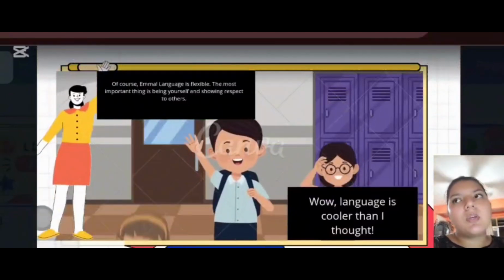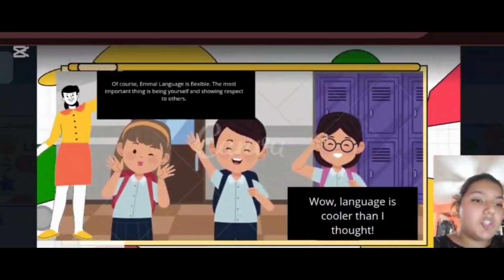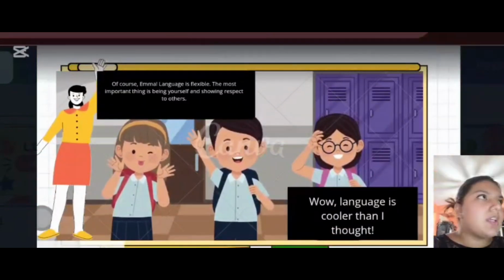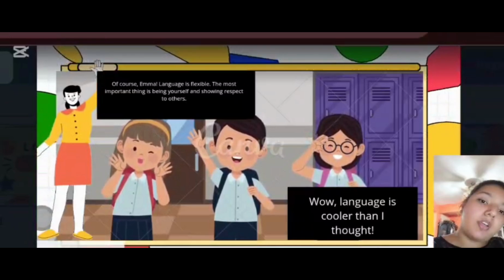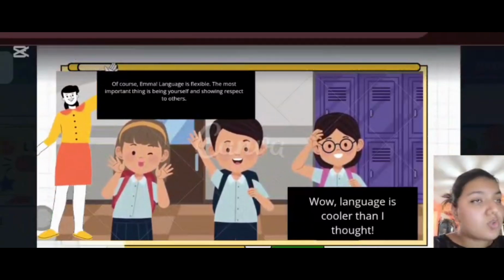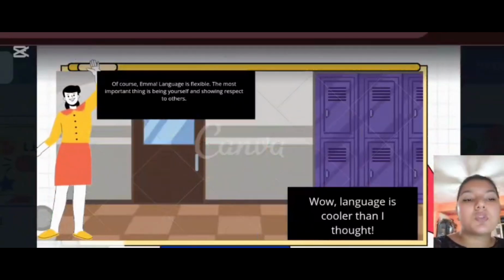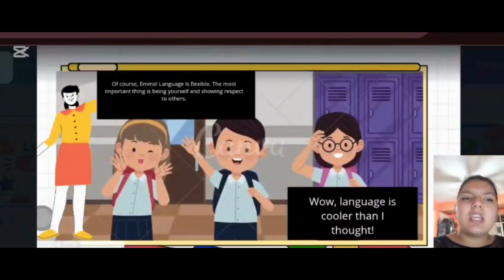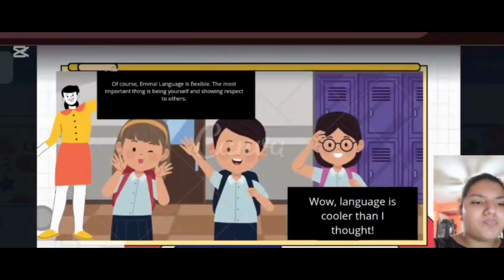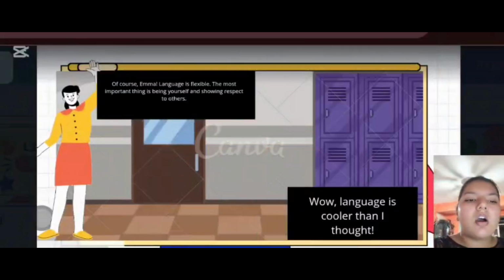There are dialogues between teachers and their students. We saw how girls and boys sometimes use different words or expressions to say the same thing. A girl may say how nice, and the boy may say how cool.